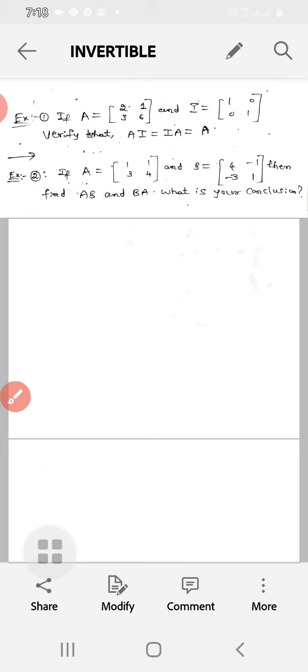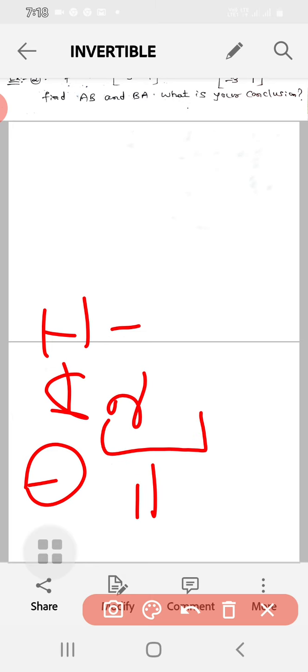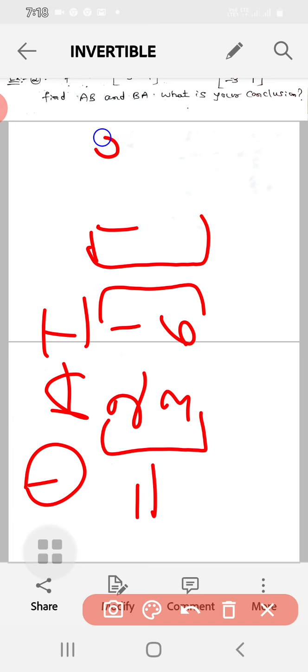So let us consider the first one here. A and I are given. So consider AI. I find this product A into I. The first matrix, observe carefully, is [2, 1; 3, 6], into the identity matrix [1, 0; 0, 1].